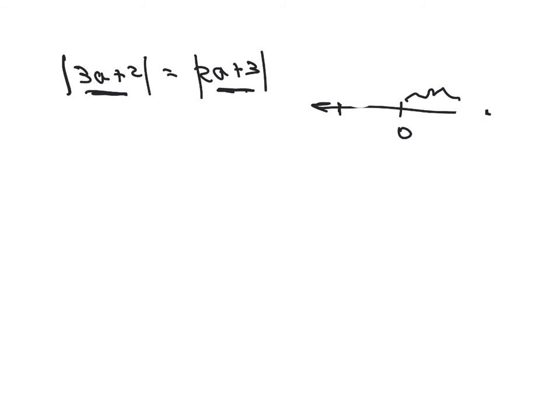And that's what we're going to look at right now. So the key to remember when you're doing ones with absolute values on either side is the distance from 0 is the same. One could be a negative direction. They could both be positive. They could both be negative directions.